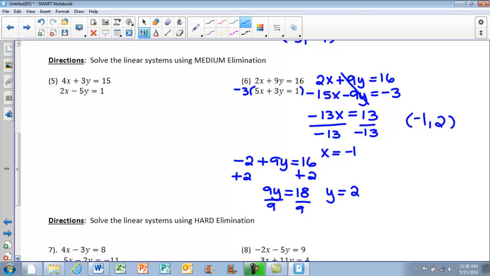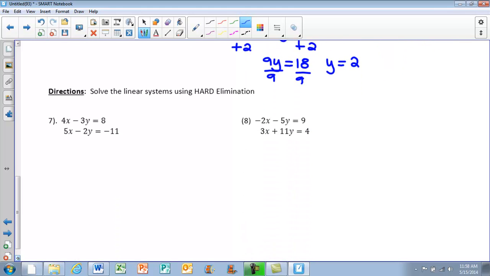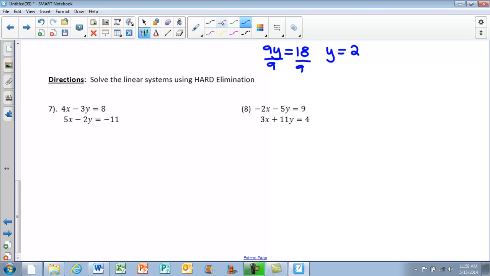Alright, jumping down to number 8. This is one where we're going to have to multiply both equations to get a common coefficient. So I'm going to eliminate my x's, which means I'm going to have to multiply the top by 3 and the bottom by 2. So I have negative 6x minus 15y equals 27.